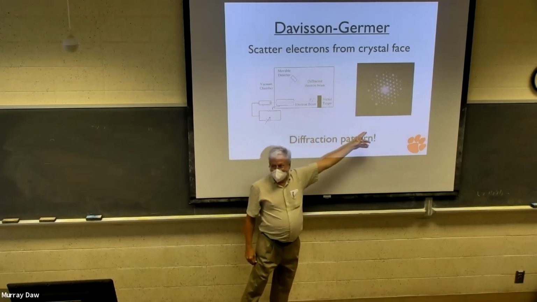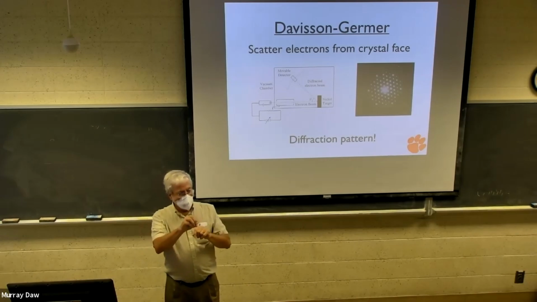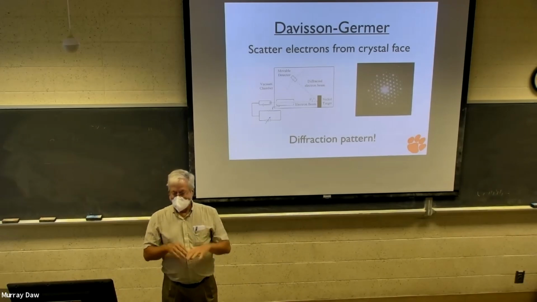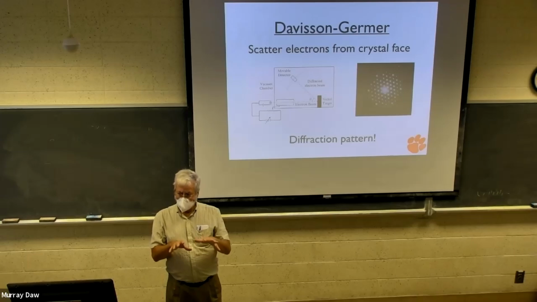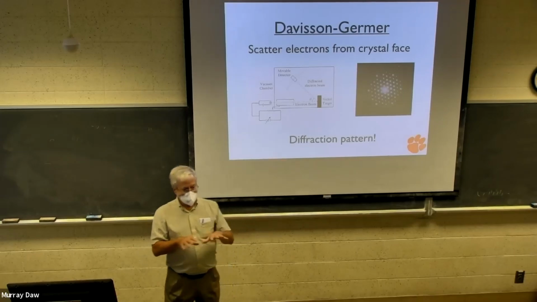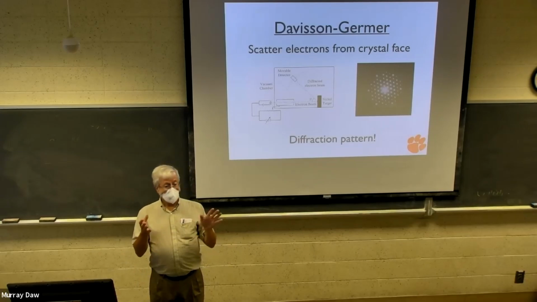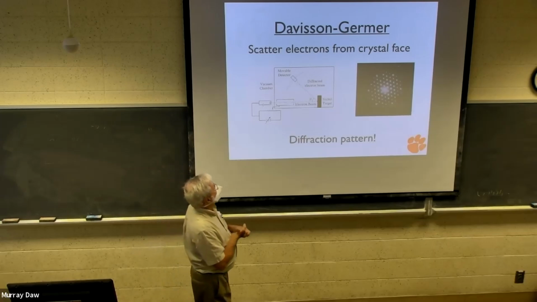That's what it looks like. These discrete peaks are called a diffraction pattern, and we'll study what diffraction means. The electrons are diffracting off of the crystal structure of the nickel. Very strange. It's totally surprising that this should happen.